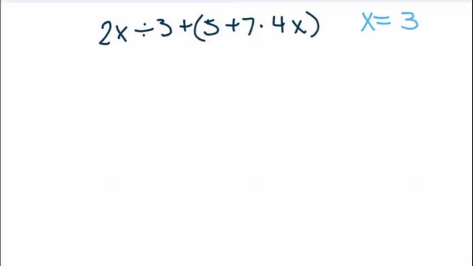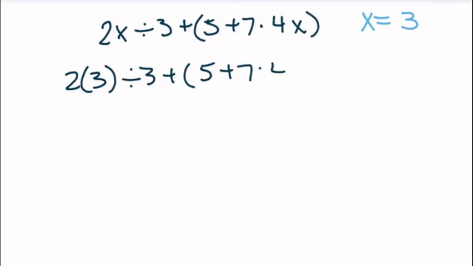So this is going to be looking like 2 times 3 divided by 3 plus 5 plus 7 times 4 times 3. I just use the dot here to represent multiplication so that we don't get confused with x and the actual variable.